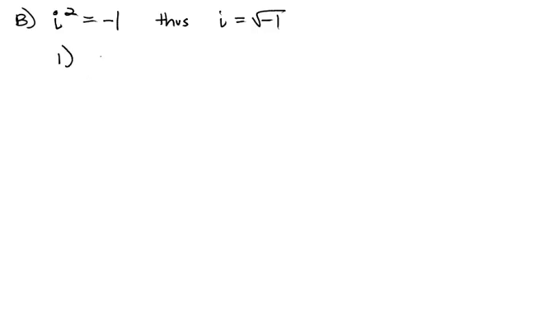So now we can solve problems like the square root of negative 9, because we can split up the square root of negative 9 into negative 1 times 9. The square root of 9 is 3, and the square root of negative 1 is an i. So therefore, the square root of negative 9 is 3i.